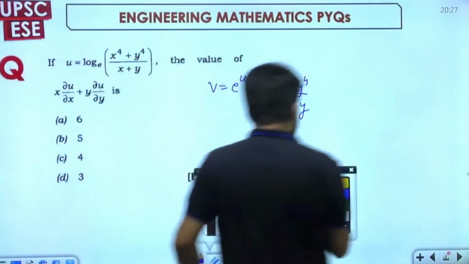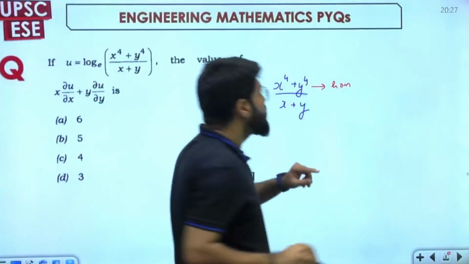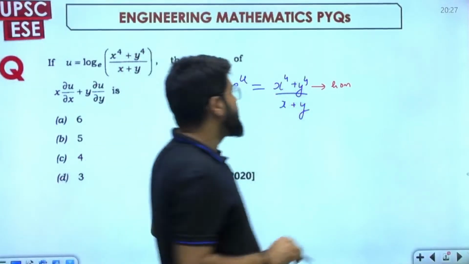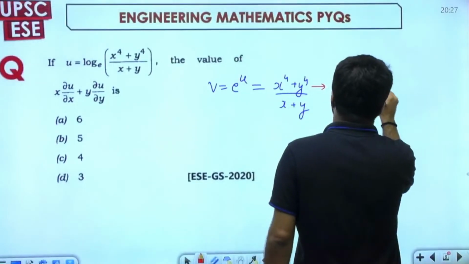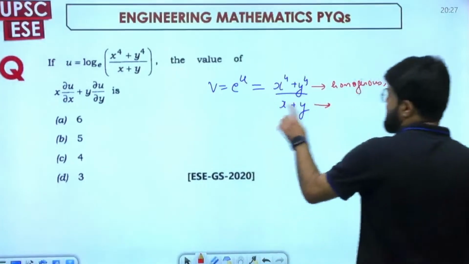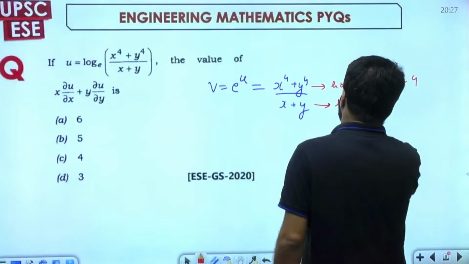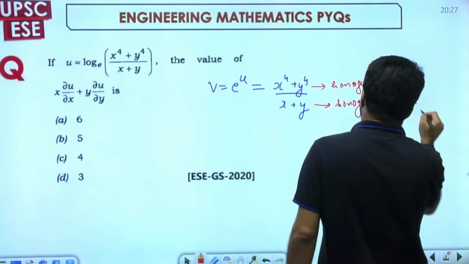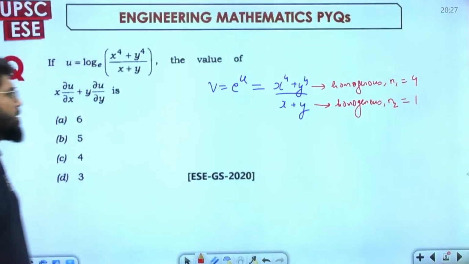Correct? Now you see here. Is the numerator homogeneous? Yes, numerator is homogeneous because each and every term is of equal degree, equal to 4. Okay, this is homogeneous with degree 4. Is the denominator homogeneous? Yes, denominator has two terms, both are of equal degree, that is 1 each. So denominator also homogeneous with degree 1.